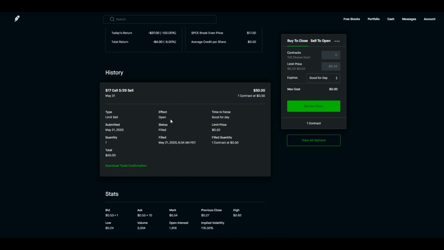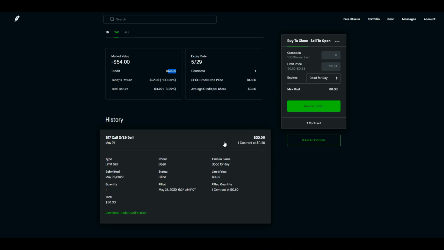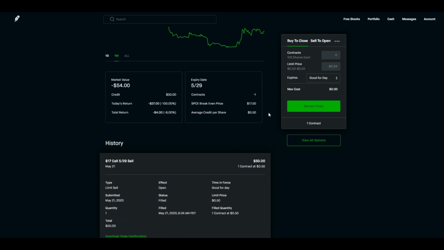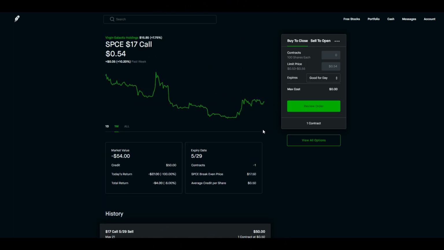I sold it on May 21st, one contract, 100 shares, at 6:34 a.m. my time, which was one of the best times to sell because it was at its highest peak on May 21st. Anyways, this is pretty much basic selling options.